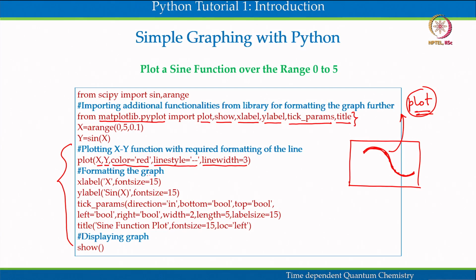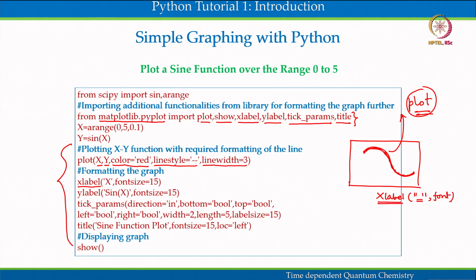Now going back to the formatting the graph, x level, what I am writing here, this is called x level. And in the x level, within quote, I will write down the string which will be written here and associated font size.